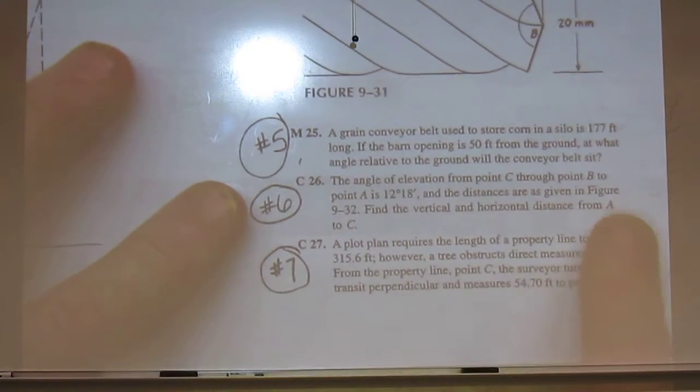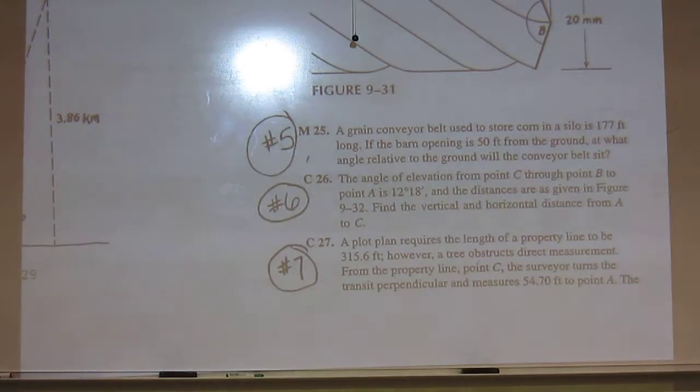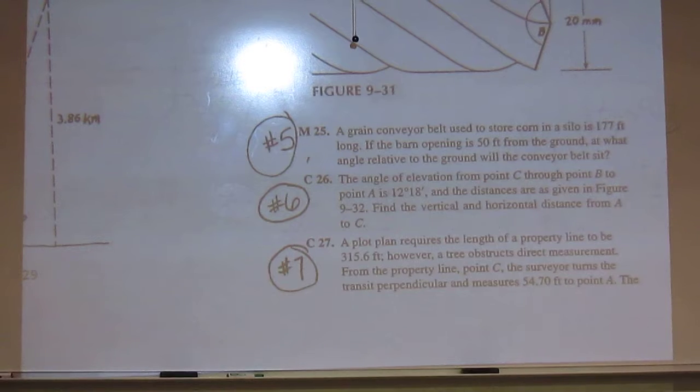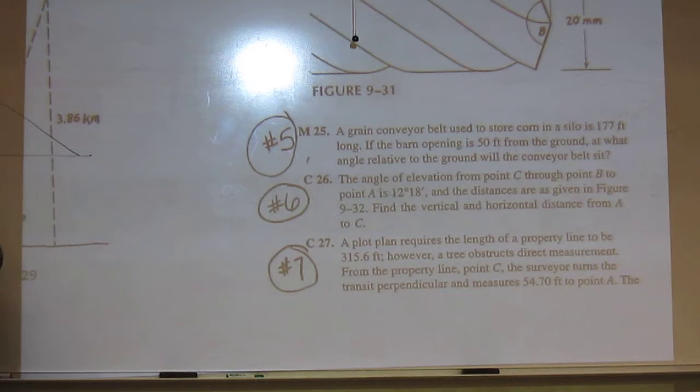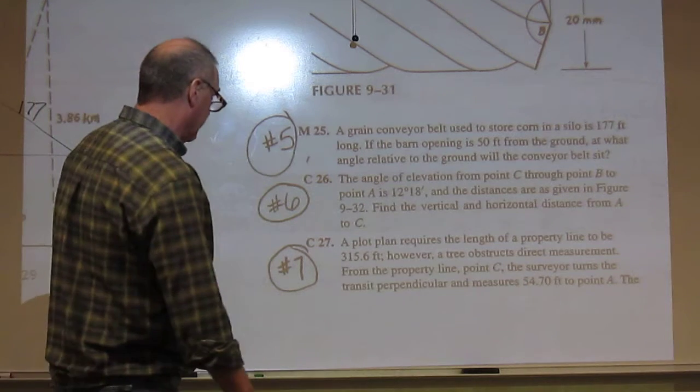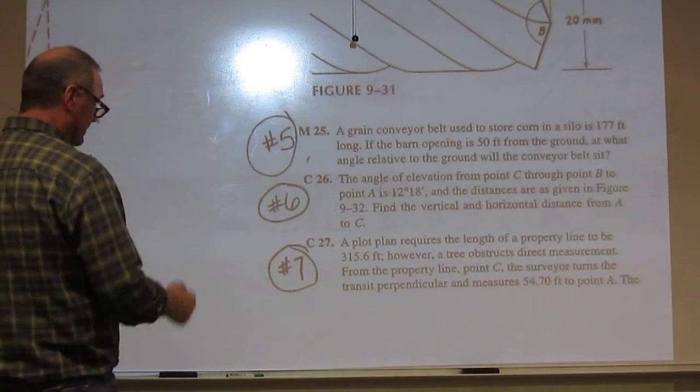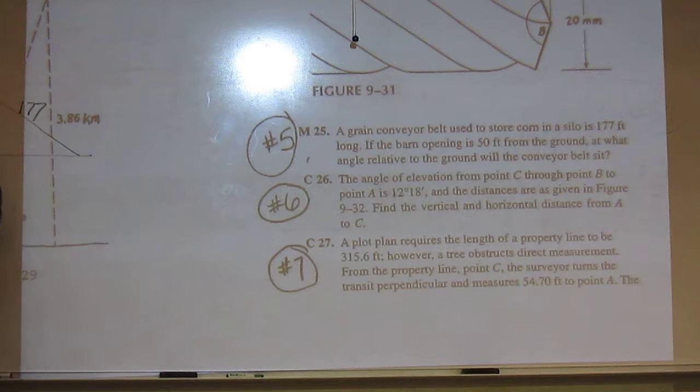Okay, so it's 177 feet long. And so then I'm going to go up 50 feet from the ground. Yep. And that's the angle I'm looking for. The conveyor runs this way. You are given the length of the conveyor, which is your hypotenuse. You are given this side, which is 50 feet.